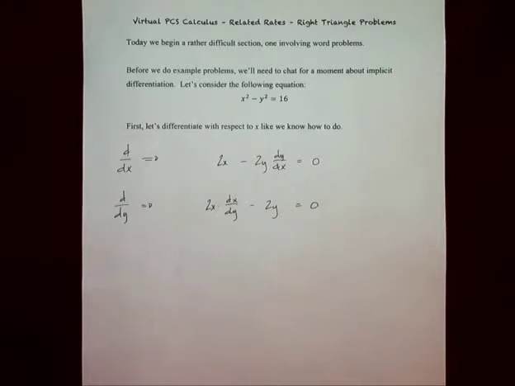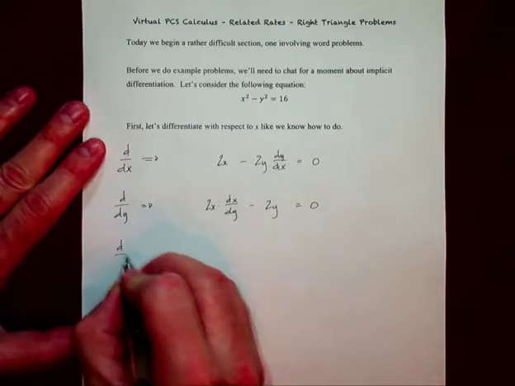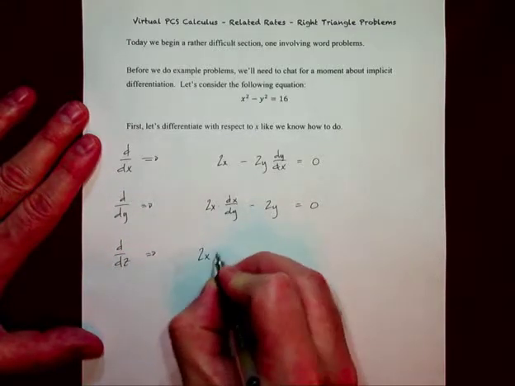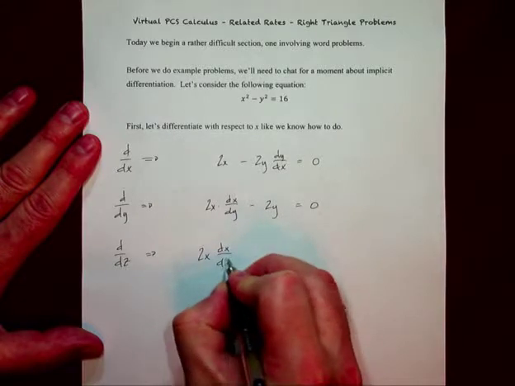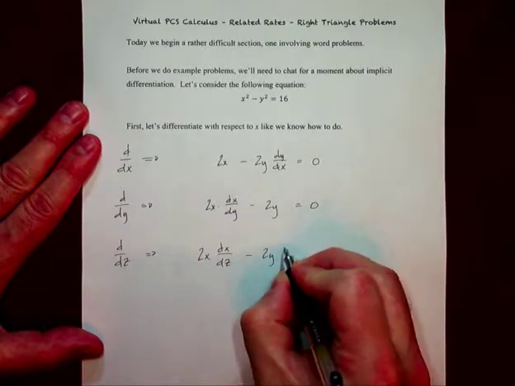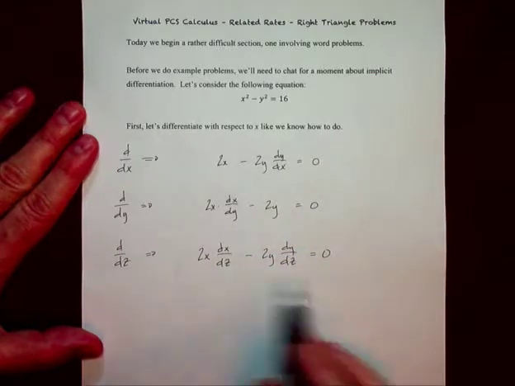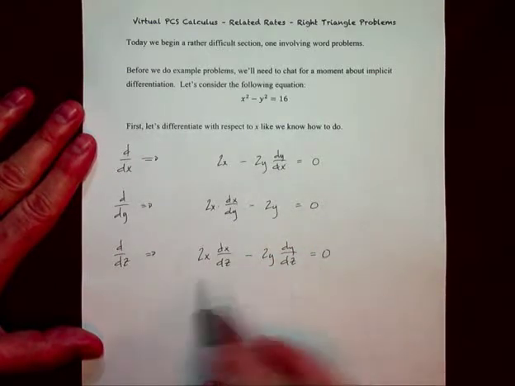And actually, you can differentiate with respect to anything. I mean, you can differentiate with respect to z if you want. And so we get 2x dx/dz minus 2y dy/dz. Mechanically, this is pretty straightforward.